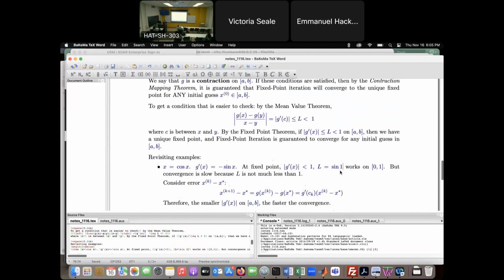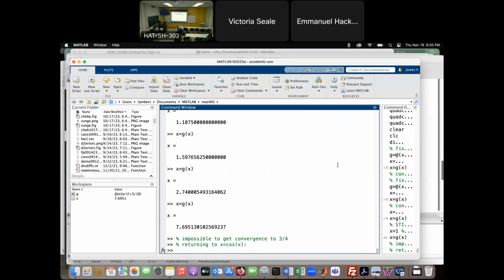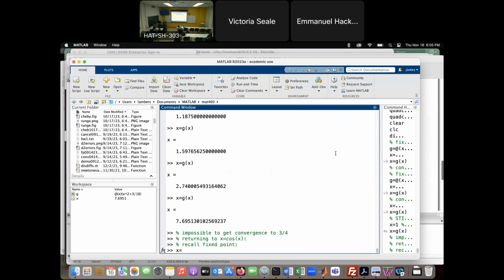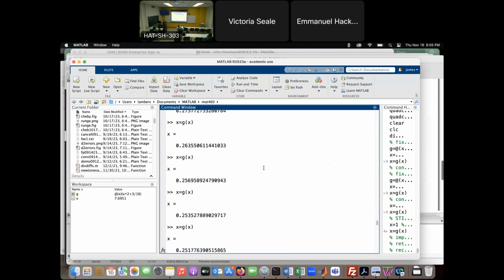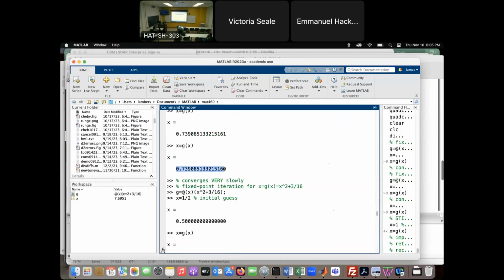But if I look at the derivative, okay, so back to MATLAB. This example, x equals cosine x. Now, the fixed point, I need to scroll back up in my command window to find it. Okay, it's way back here. Yeah, this is the fixed point I got.